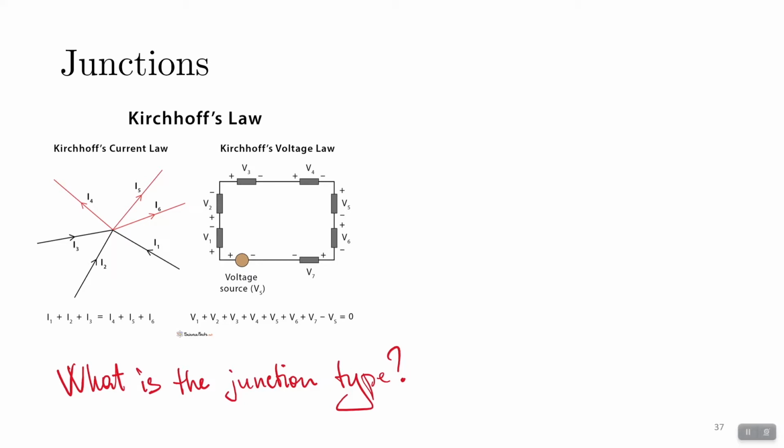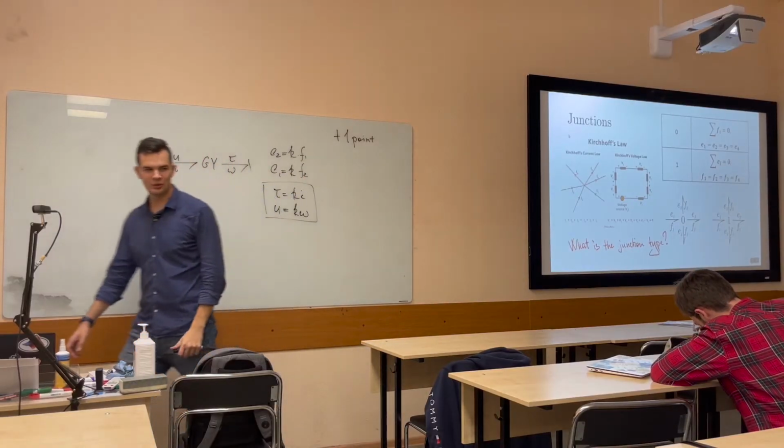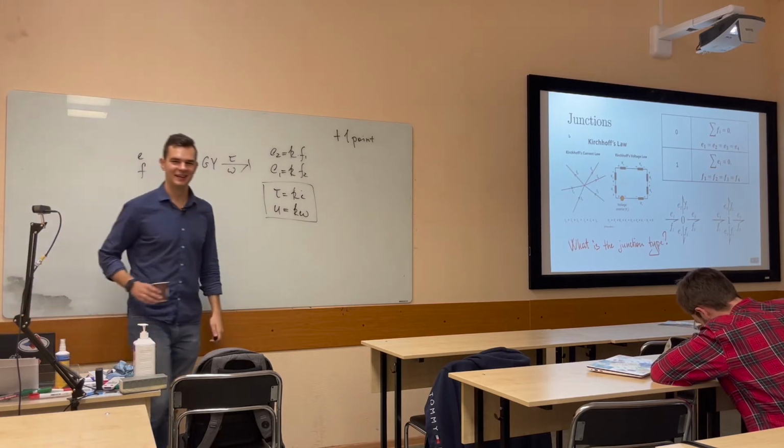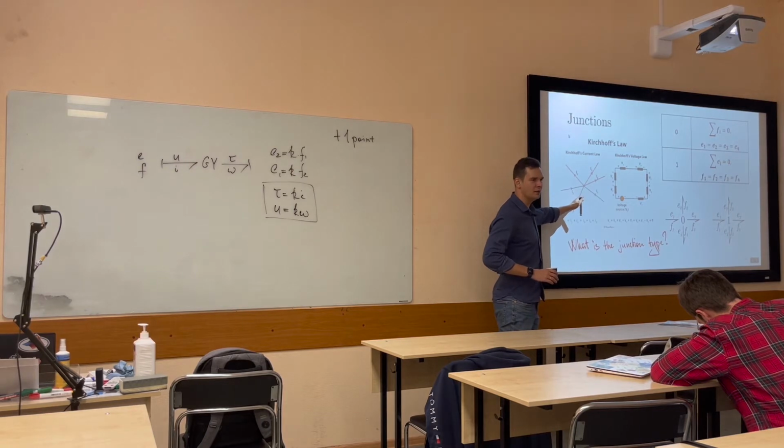And here I do have a question for you. Which one is the one junction, and which one is the zero junction? So once again, the zero is when the effort is the same, which means that the voltage is the same, and one is the one where the current is the same. I almost answered my question. So which one? This one? Is it 0 or 1?